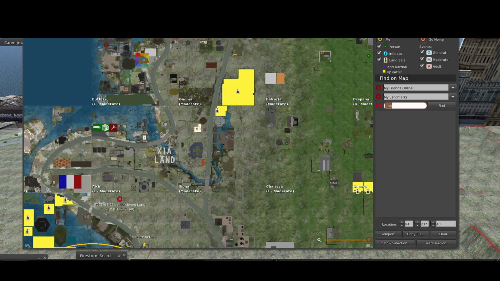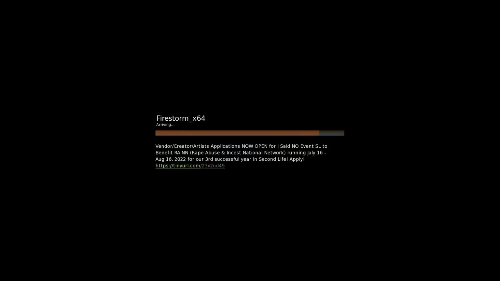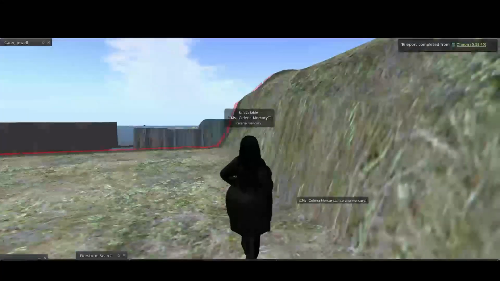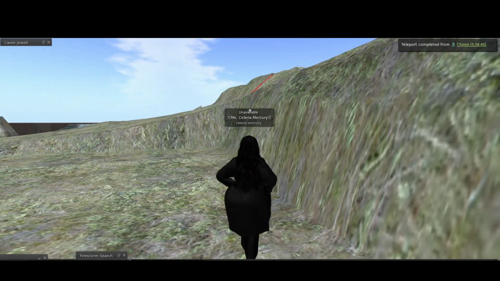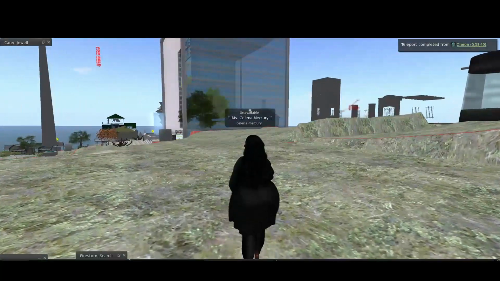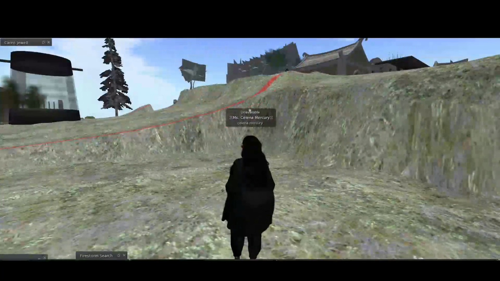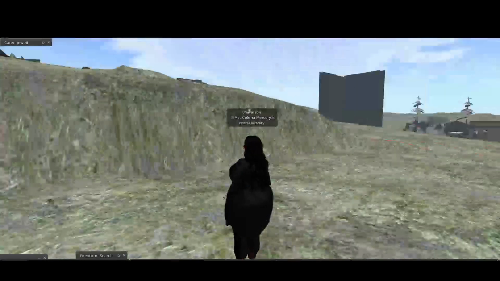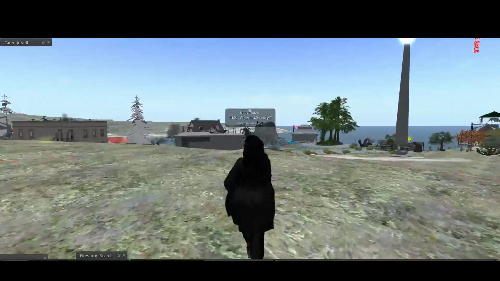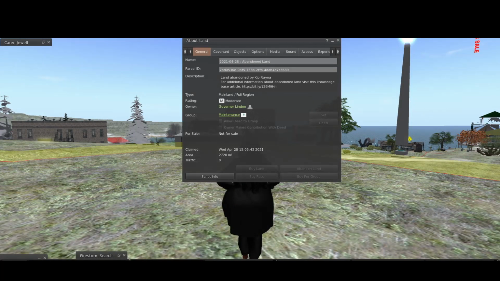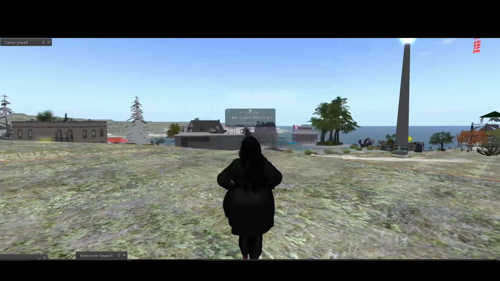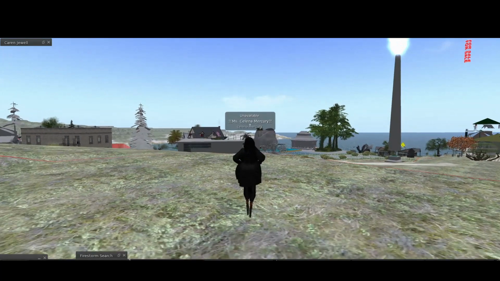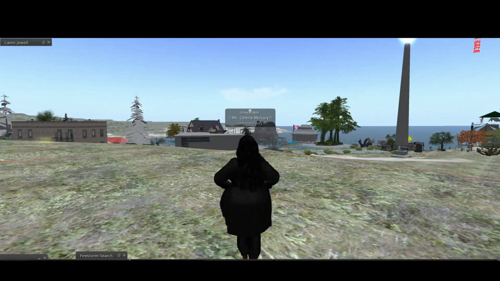Abandoned land. Let's teleport to that. We are at Silix. And this bit of land here is abandoned. Now, the thing about abandoned land is that it is relatively easy to obtain depending upon where it is.